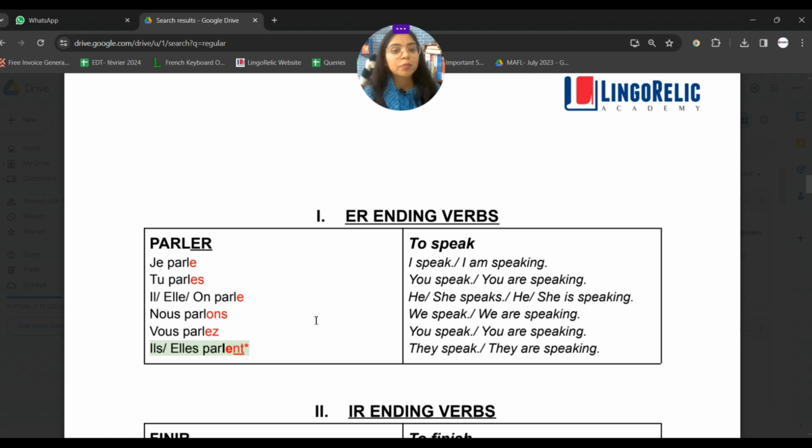So you have je parle, tu parles, il, elle, on parle, nous parlons, vous parlez, ils, elles parlent. One very important thing I would like to highlight at this point is the pronunciation of each of these conjugations. A lot of students tend to mispronounce it: with je, they tend to pronounce the final syllable.